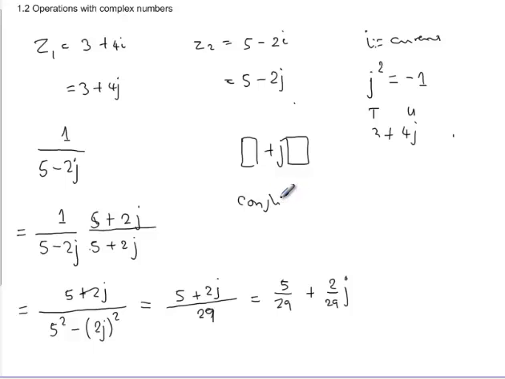Let's say conjugate. We're talking about the conjugate of a complex number here.